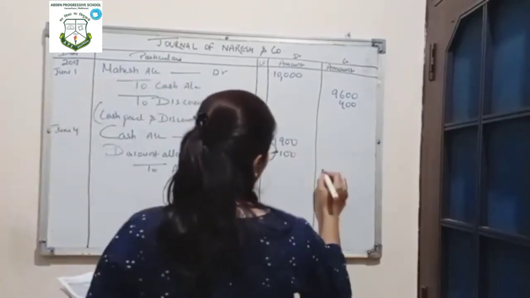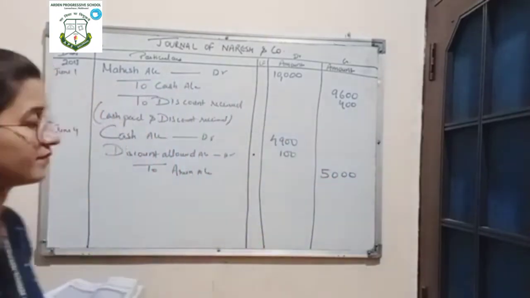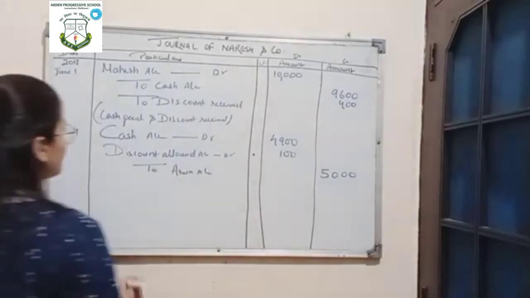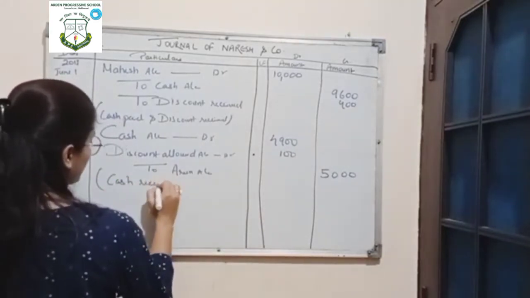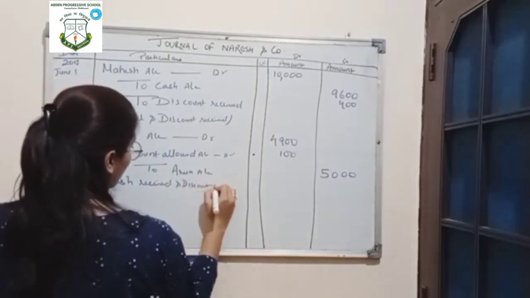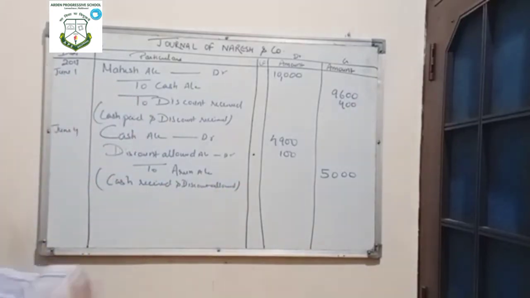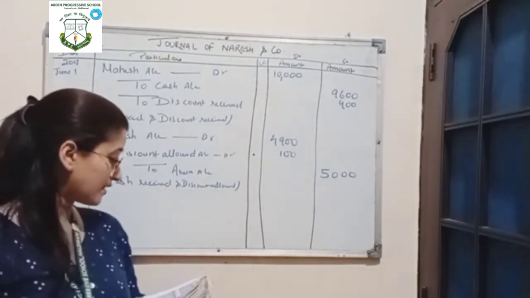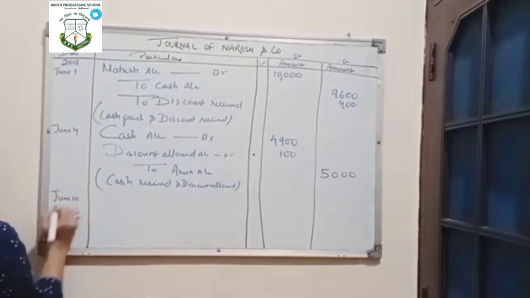So total amount is rupees 5,000. Narration for this journal entry will be cash received and discount allowed. Now, next transaction is on 10th June.